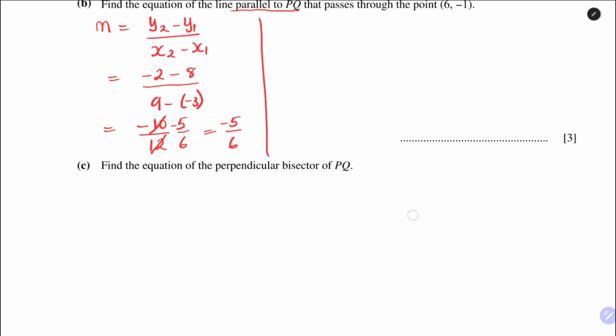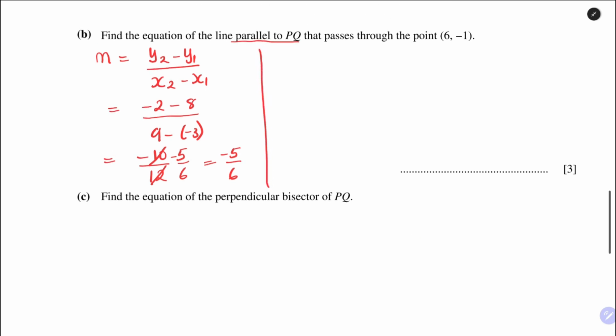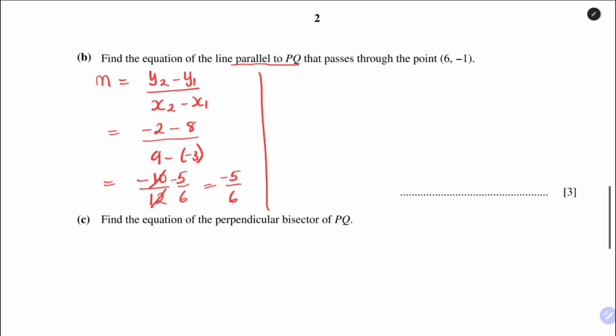Now that we know the gradient, we just use this pair of coordinates and plug it into our general equation of a straight line, which reads y equals mx plus c. Our y is minus 1 equals our m, which we just found, minus 5 over 6, multiplied by our x, which is 6, plus c. We cancel this to get minus 5 plus c.